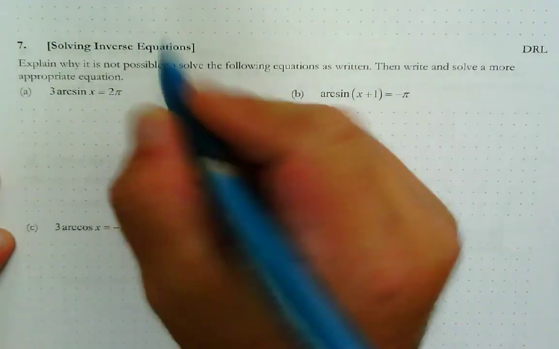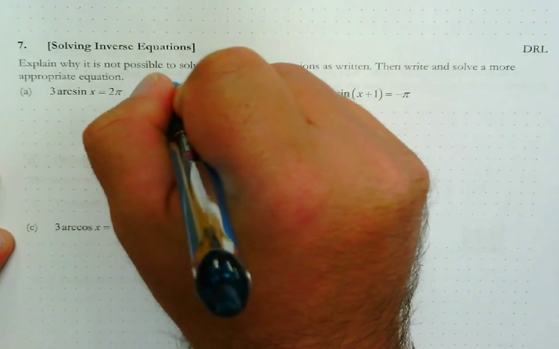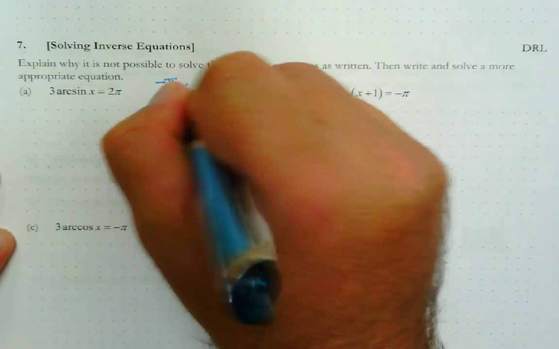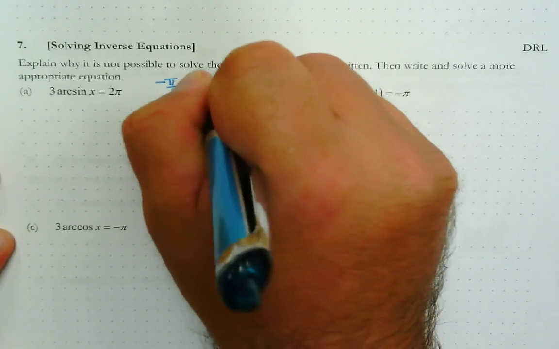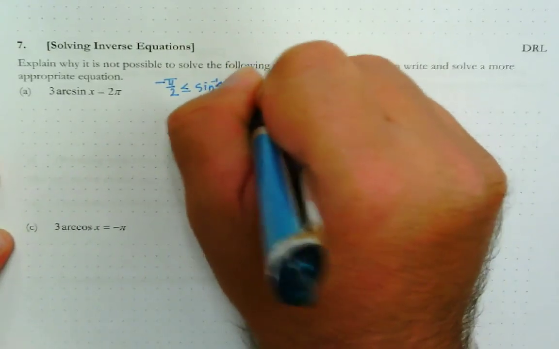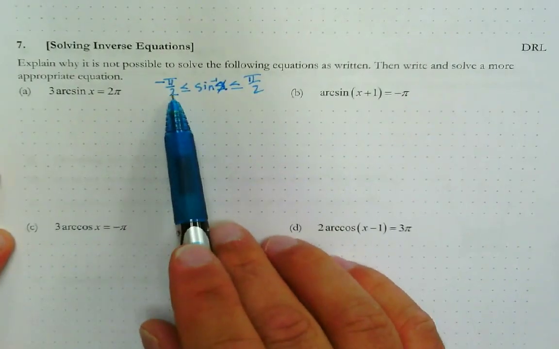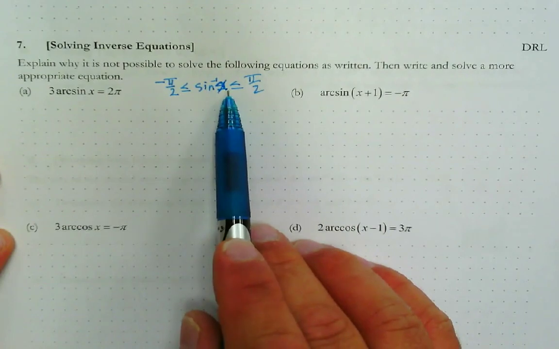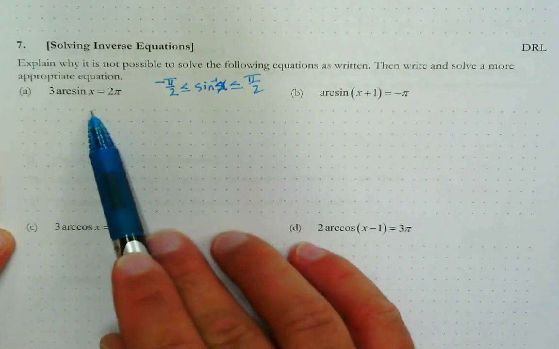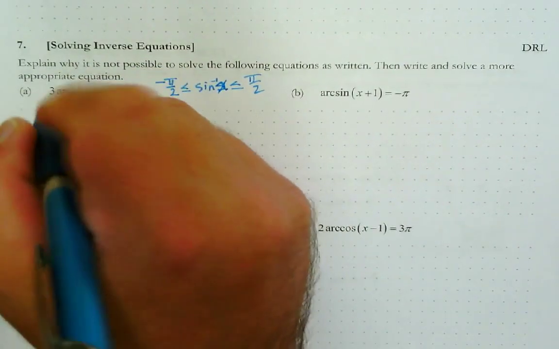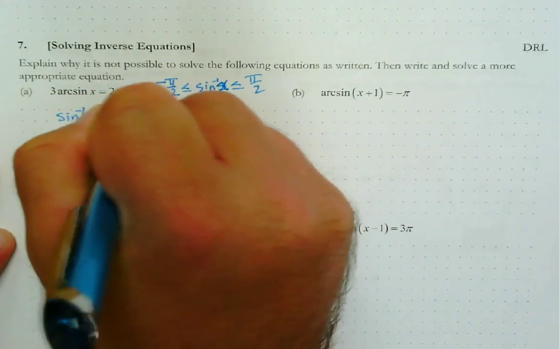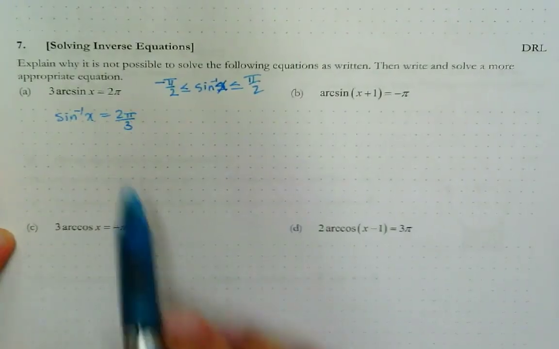We know that the output of my inverse sine, excuse me, I miswrote that a little bit. We're okay here. Right? We know that the output of my inverse sine is between negative pi over 2 and pi over 2. Well, if I start this solution process, I have that the inverse sine of x is equal to 2 pi over 3.